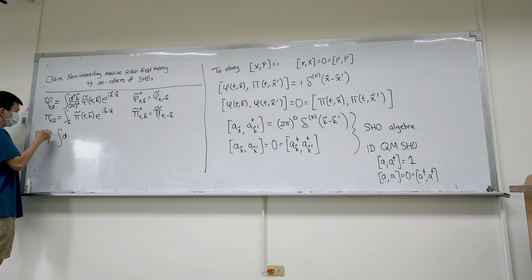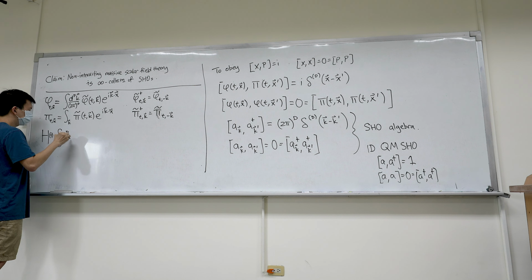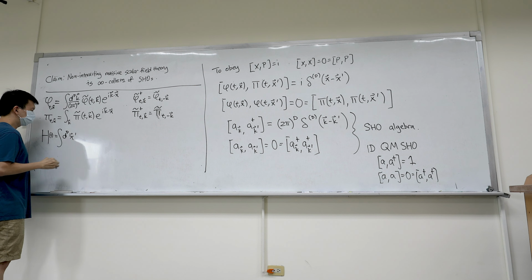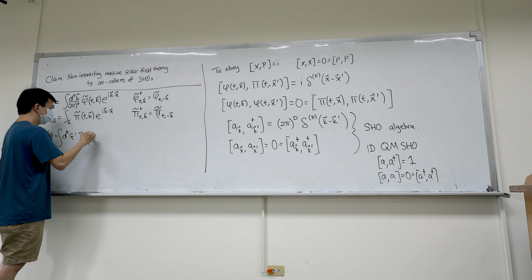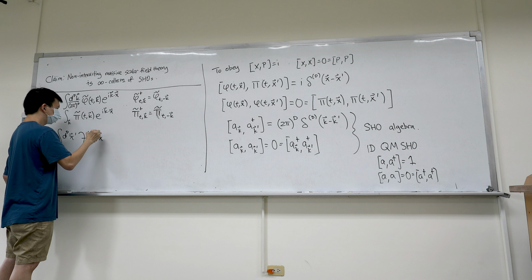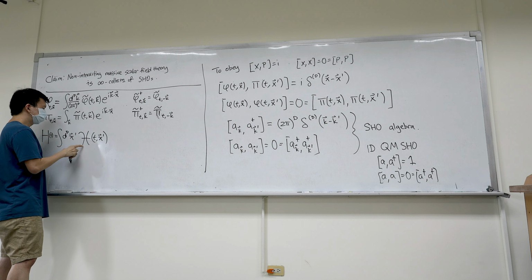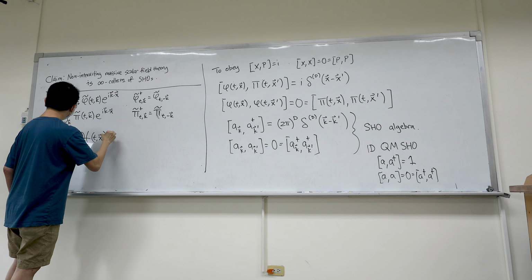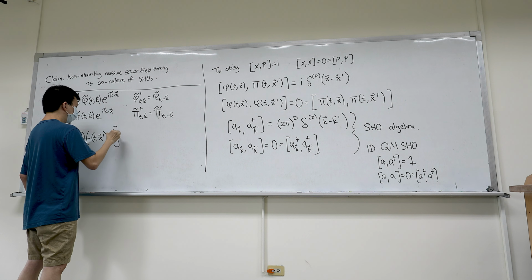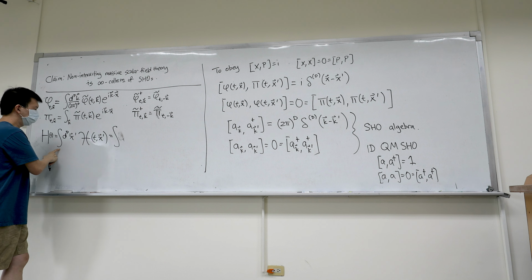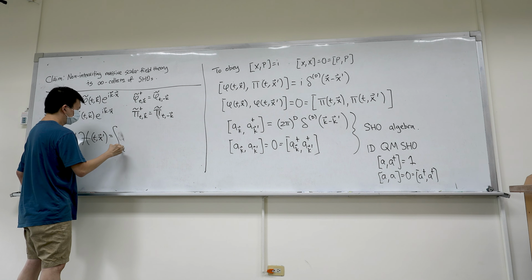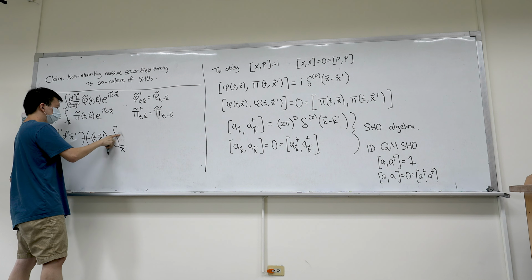But if you want the Hamiltonian at a given time, you have to sum over the Hamiltonian density at the same time, but at every position. What is this? We worked this out before. Sometimes I'm just going to shorthand my integration as x prime, because sometimes it's just too much to write.